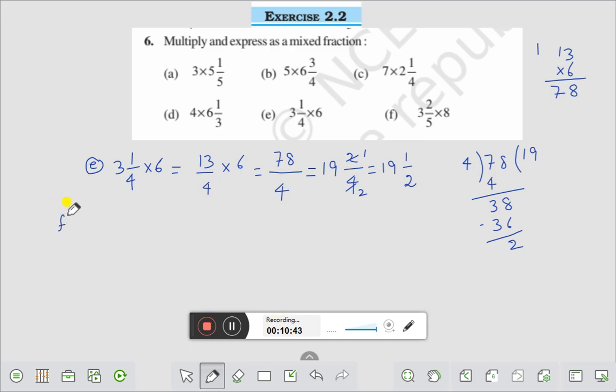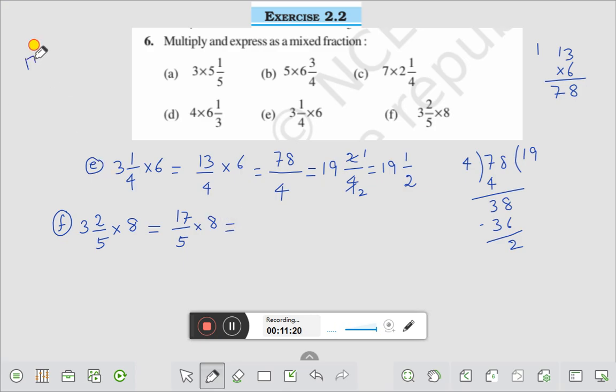Now question number F. Question number F is 3 whole 2 by 5 into 8, that is equal to multiply whole with the denominator 3 5 is 15 and add the numerator, 15 plus 2 is 17, that is 17 by 5 into 8.